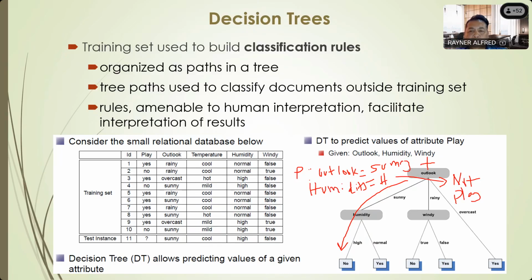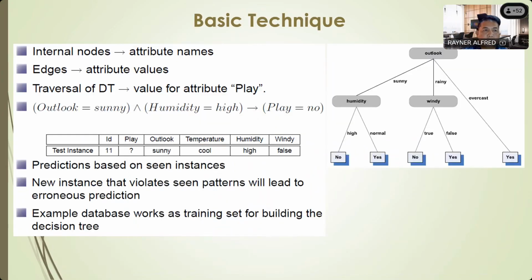But the question that we want to ask here is, how do we actually construct the tree? As computer science students, we want to know how we construct this, not only how to apply it.